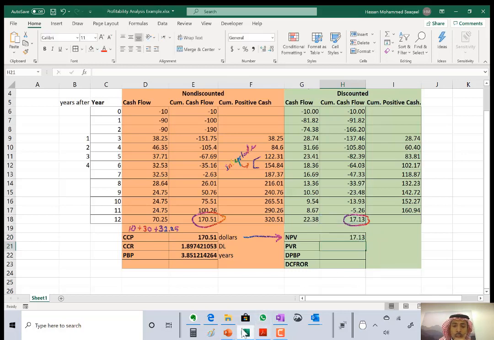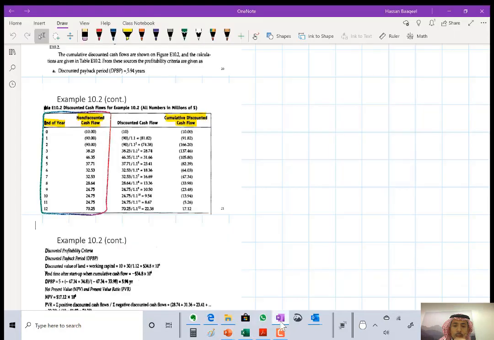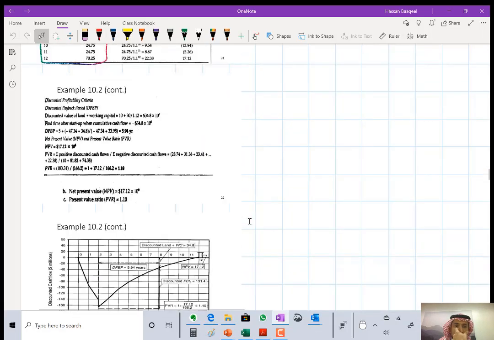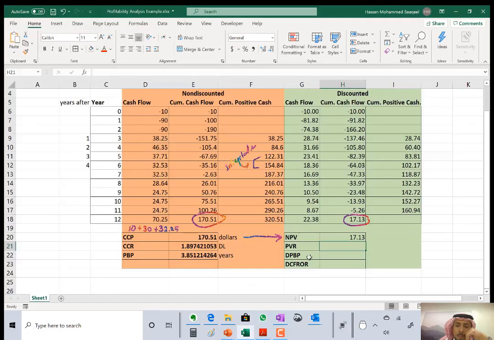Let's double check our answer from the slides. If we go here, NPV, it's 17.12. Okay. How about PVR, present value ratio? You do the same as you've done before.